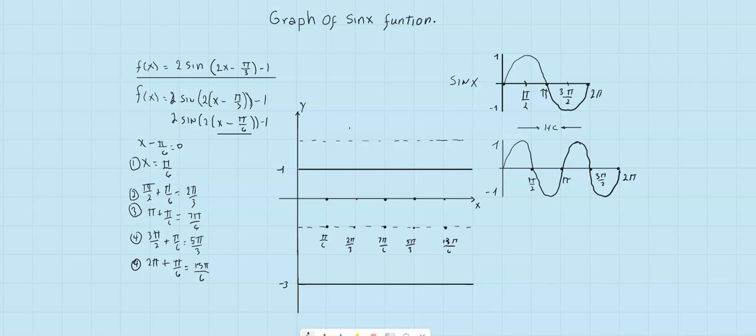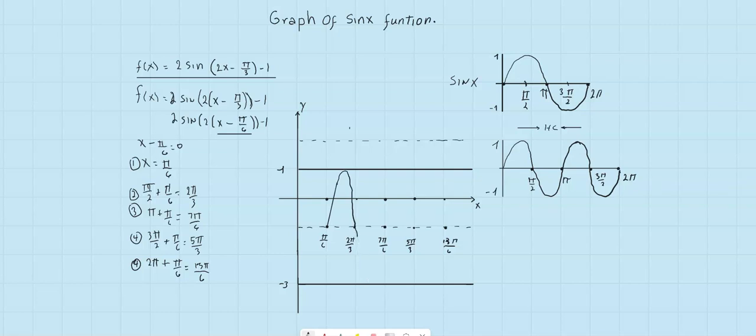Since I shifted to the right by pi over 6, my graph is just going to go from here. It's going to go up like this, all the way to number 3 right here.